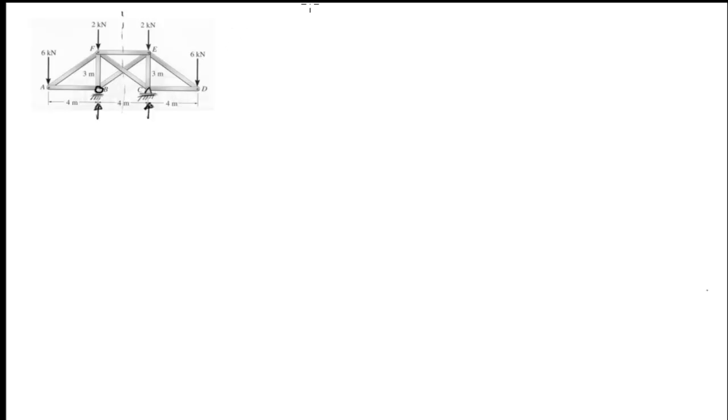So I sum 6, 2, plus 2, and plus 6, and you get 16. 16 divided by 2 gives 8 kN, which is VB and VC. So this is 8 kN and this is 8 kN.